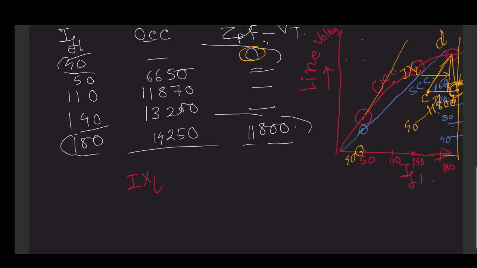So the height of this DE should be root 3 IXL. As per calculation, it's 900. So XL will be 13.9 ohm.